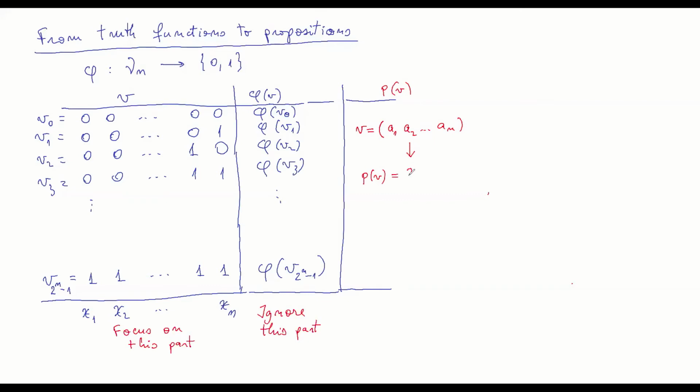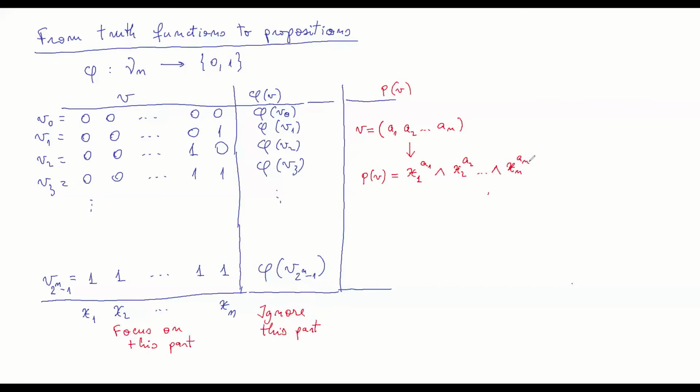I'm going to have variable x1, and I will define this in a moment. What do I mean by this exponent? It's going to be something like variable x1 and variable x2 and ... variable xn.